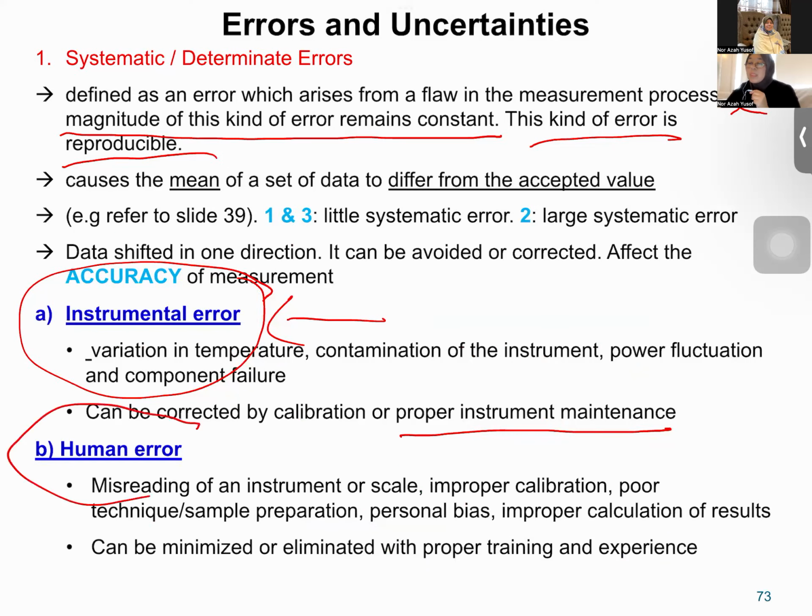The second one is human error. We don't say human error, we say operator's error. But now, as we have machines like auto samplers, this kind of error probably does not come from operating the machines, but from the sample preparation.